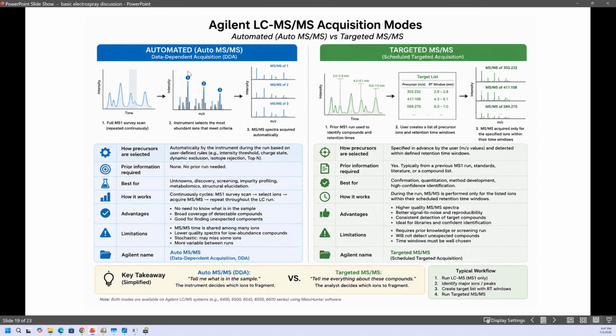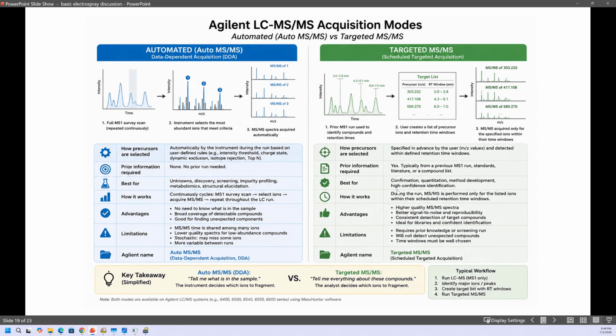So sometimes instead of doing this automated data-dependent acquisition, they do targeted MSMS, and the NIST software will process both. In this case, you run an MS1 and you decide all the ions that you're interested in, that you think are the major components, and then you set up a target list with retention times and masses that you want to monitor for the precursor ion, and then you get the MS2 spectra.